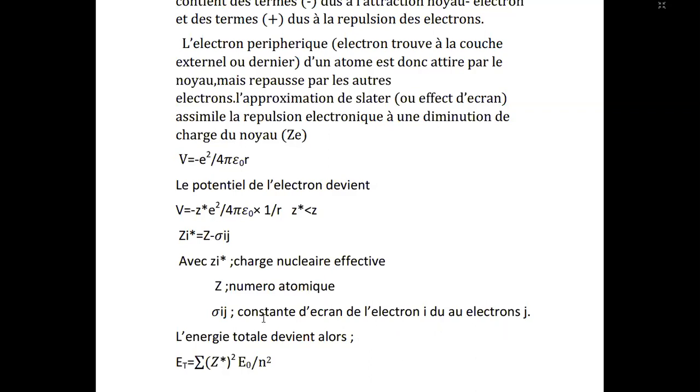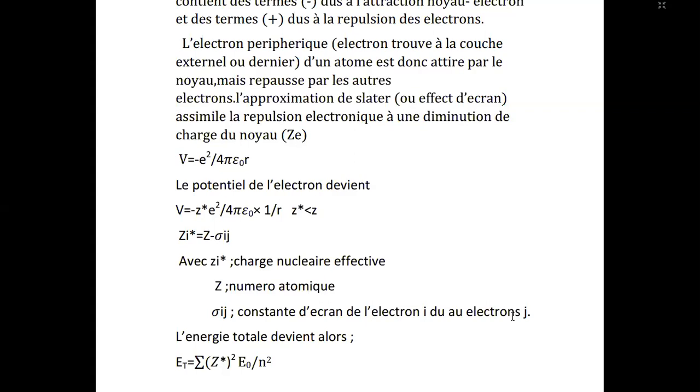The electron i is in singular form, then the other electrons j are in plural form. So it means the screening, the shielding of one electron, i, from the electrons found inside, in the second and the first shell.